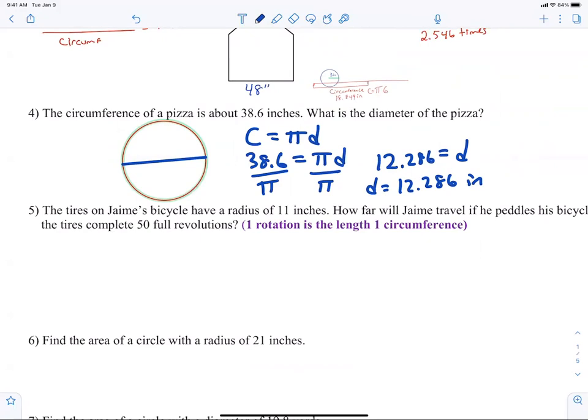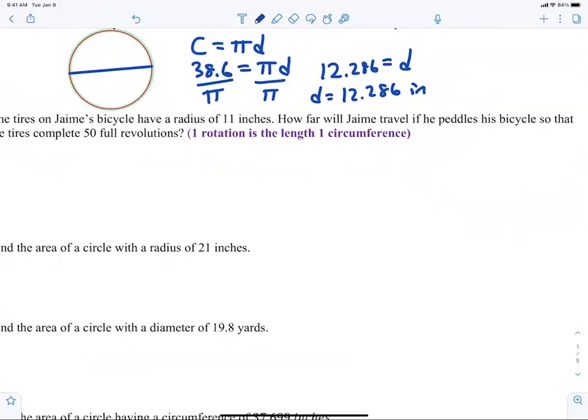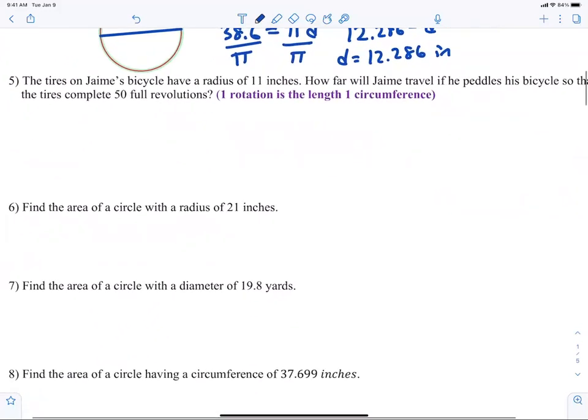Josh, you got any questions or are you good? All right. Now, this one was super annoying. Josh, I'm going to let you lead the charge. The tire on James's bike has a radius of 11 inches. So stop there. I'm just drawing a tire and a radius of 11.